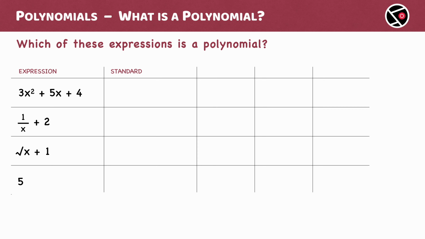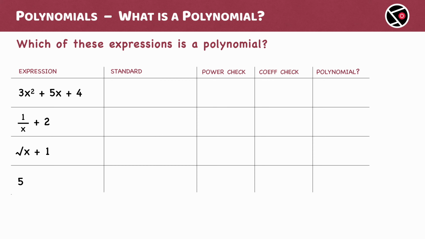Then we will check whether these expressions satisfy the golden rules for polynomials. Rule number 1. The power of the variable must be a whole number. Rule number 2. The coefficients must be real numbers. If an expression satisfies both these rules, it is a polynomial.